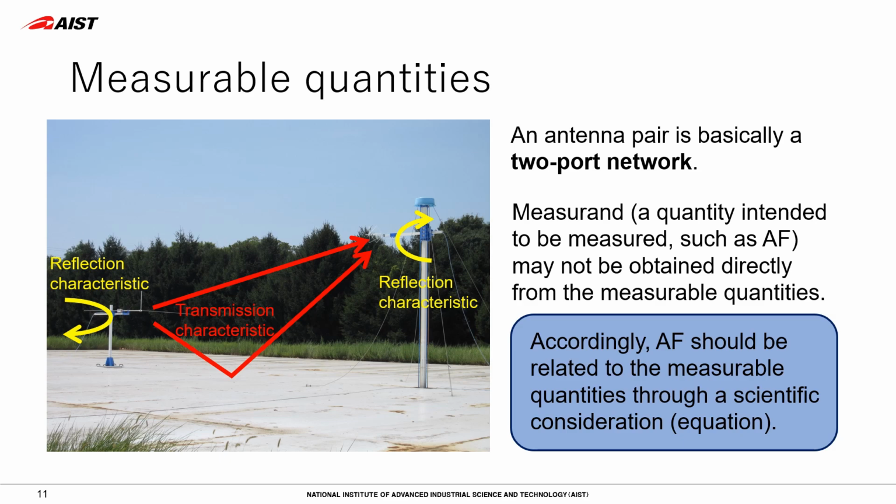It provides the amplitude and the phase of each scattering parameter S11, S21, S12, and S22. Taking this into account, the antenna factor should be related to S parameters. I won't go into any more details of the S parameters, but if you are interested in S parameter measurements, a number of textbooks have been published, and also you can find some articles on the website of the vector network analyzer manufacturer.